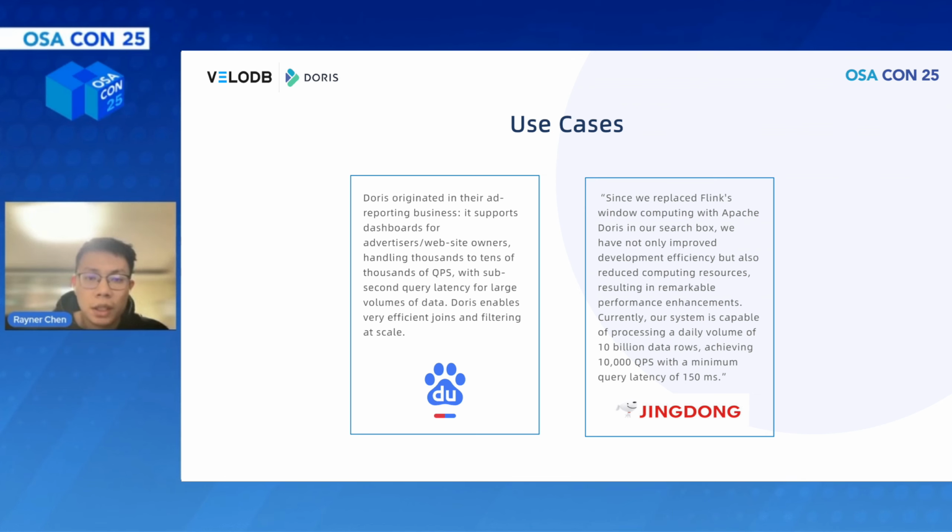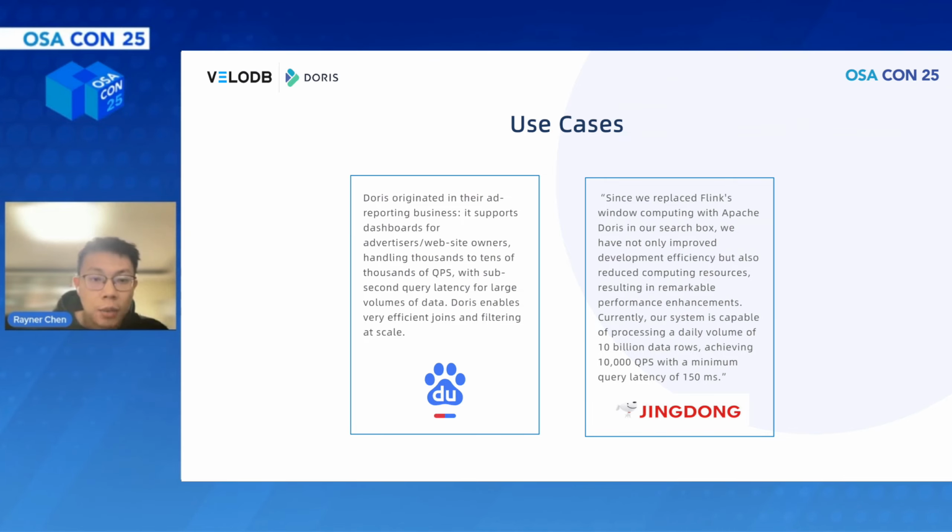So let's view the customer-facing analytics use cases. The first one is Baidu, the largest Chinese search engine company. Doris originated in their advertising reporting business, supporting dashboards that handle tens of thousands of QPS, achieving sub-second query latency even with a huge volume of data and very efficient joins.